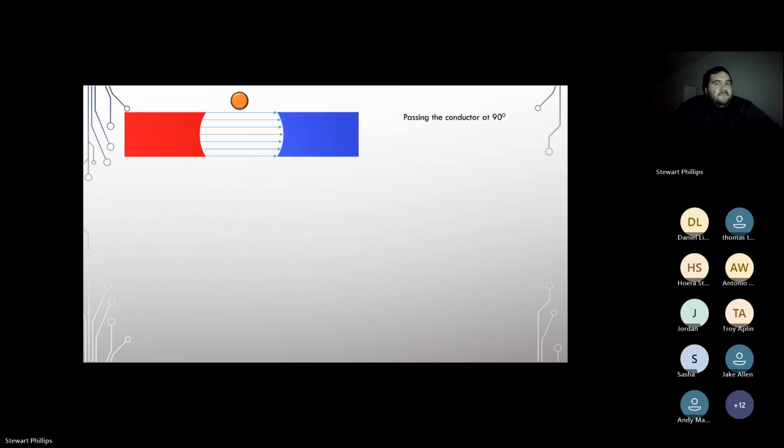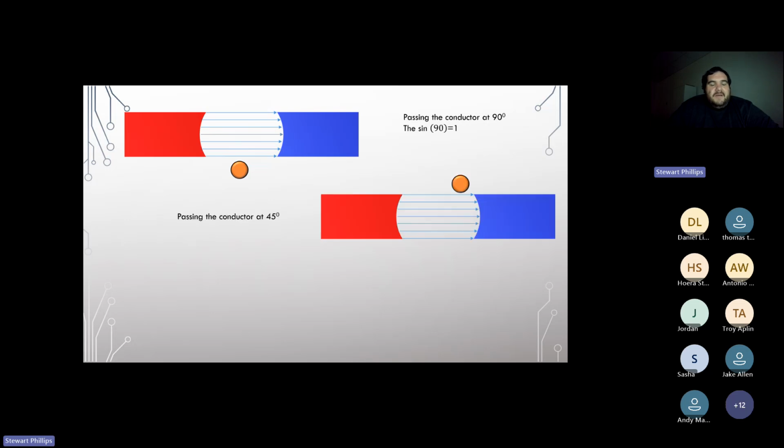So passing a conductor at 90 degrees gives us sine of 1. If we pass the conductor at 45 degrees, we get a sine of 45, which is equal to 0.707.